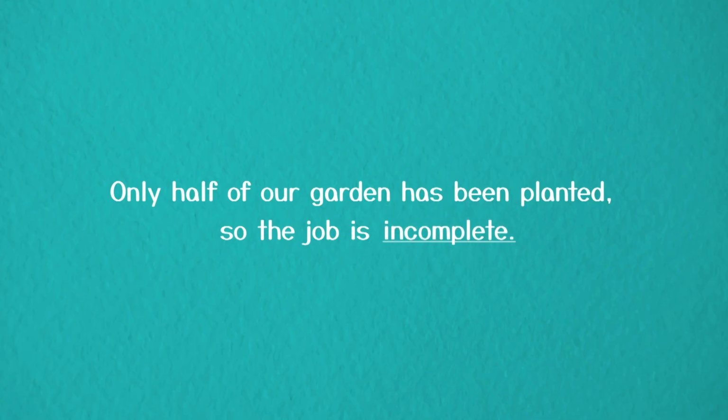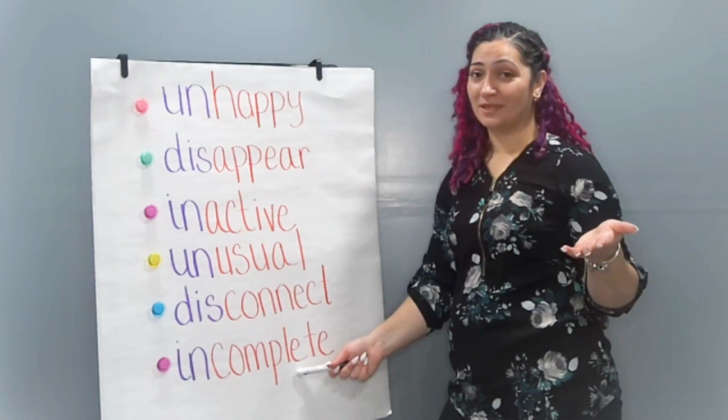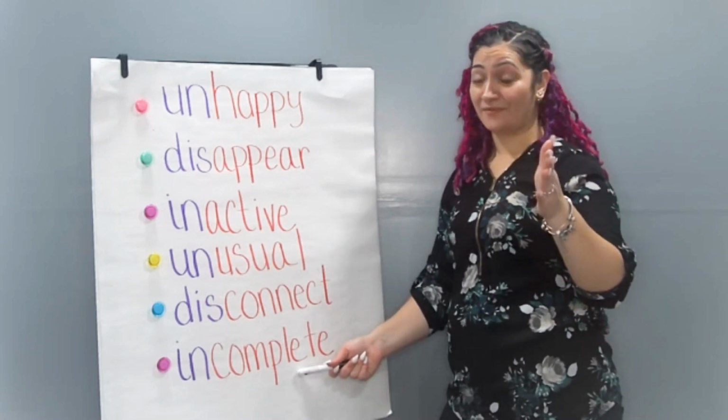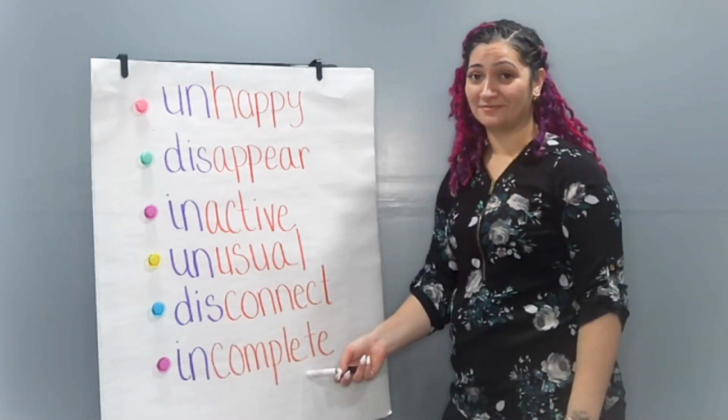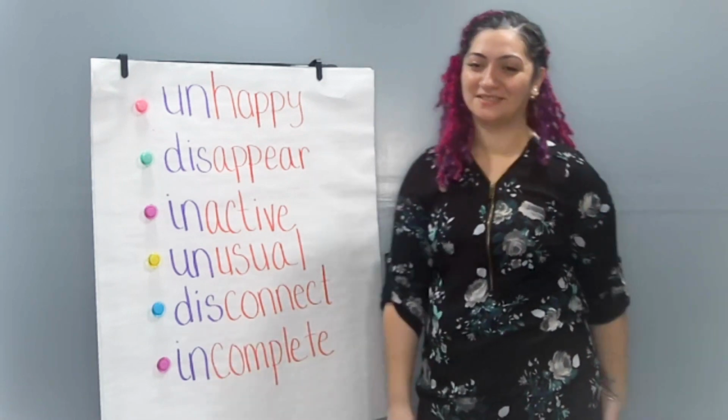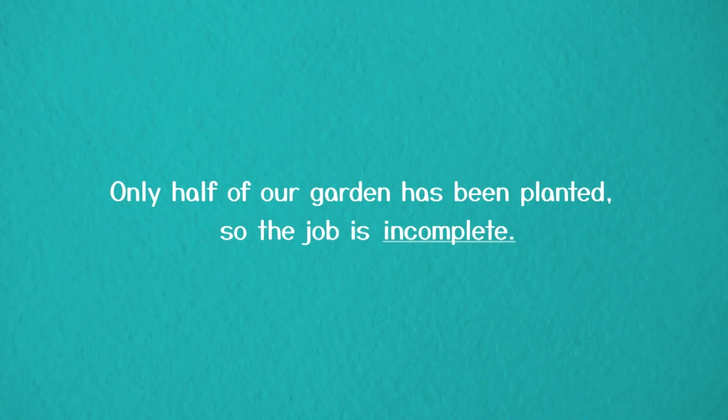Did you write incomplete? You're right. They still need to finish the garden. So it's not completed yet. So only planting half of it is incomplete. Let's reread our sentence, scholars. Only half of our garden has been planted, so the job is incomplete.